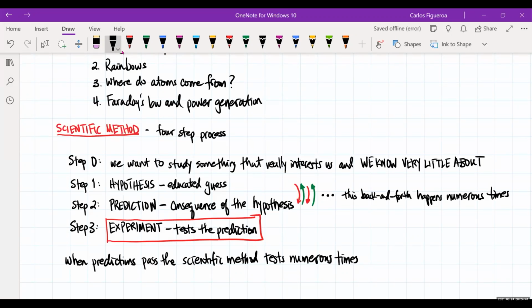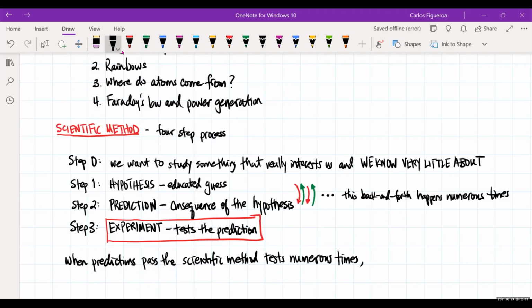And what do I mean numerous times? Well, there's a model right now that explains particle physics. That model has been tested since 1979, and it's been tested trillions and trillions of times per day.